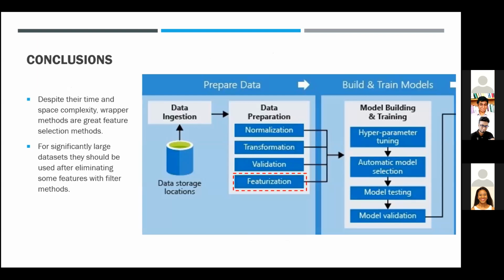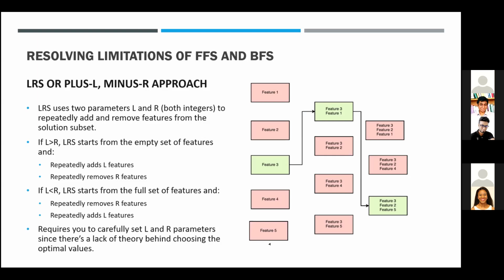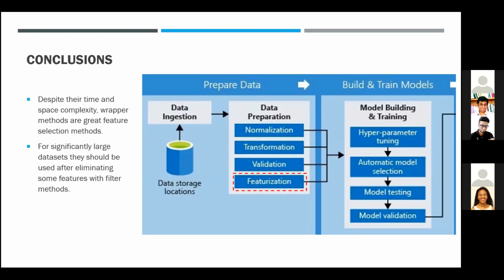So just to conclude on this, I was meant to show some of my results, but I don't have them on hand as yet. But I think this was a good intro to these methods, showing you how simple it is to implement them. And despite their time and space complexity, they are great feature selection methods.